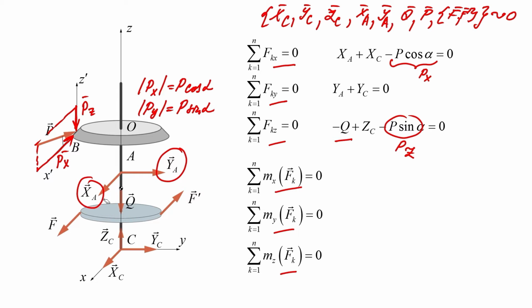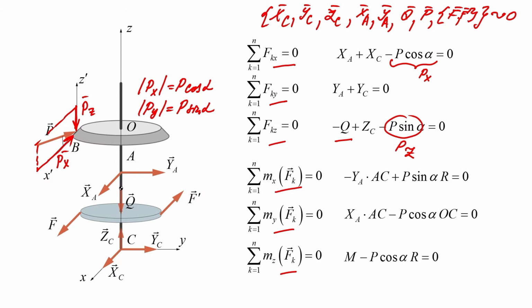Now that we have 3 equilibrium equations written down, we need 3 more equations for the moments of forces with respect to the axis. Let us write down 3 moment equations. The moment of the components xc, yc, zc, and xa with respect to the axis x is equal to 0, because the lines of action of these forces cross or are parallel to the axis x.